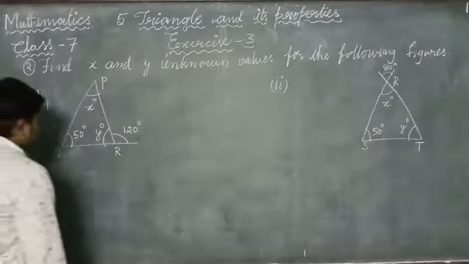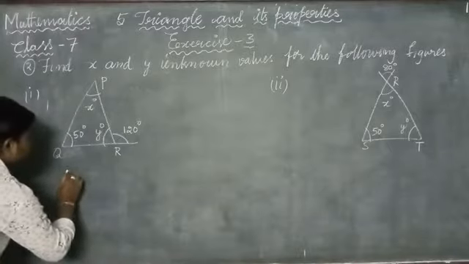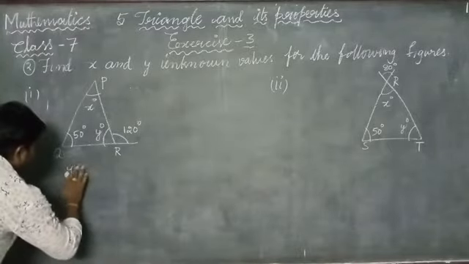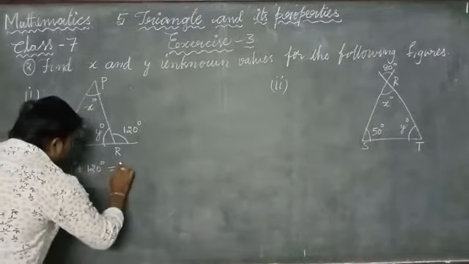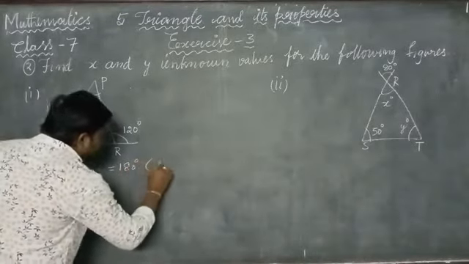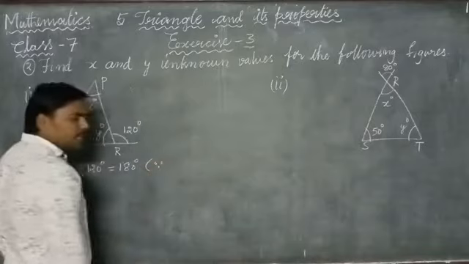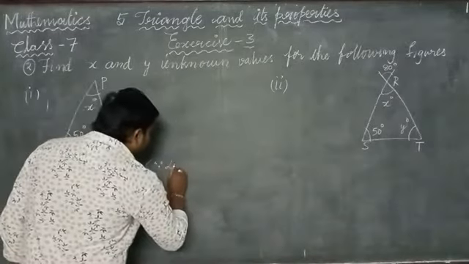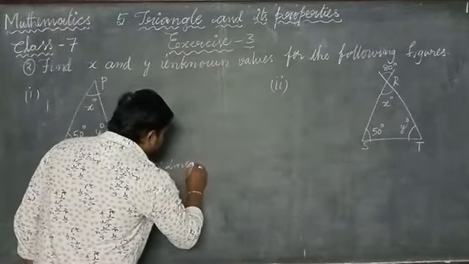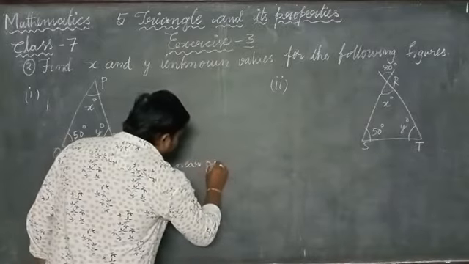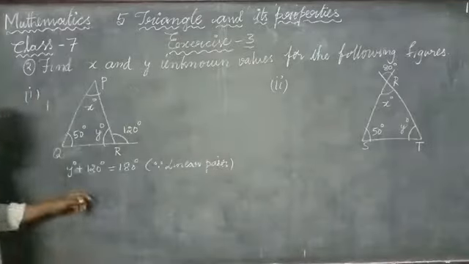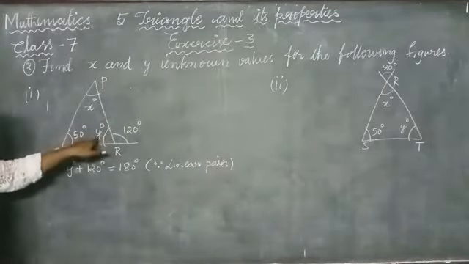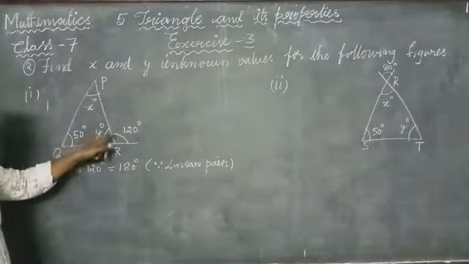So here y degrees plus 120 degrees equals 180 degrees. Here it is taken from linear pair of angles.